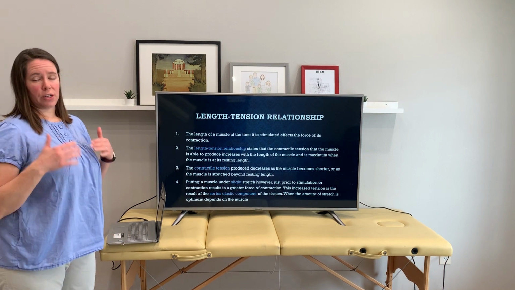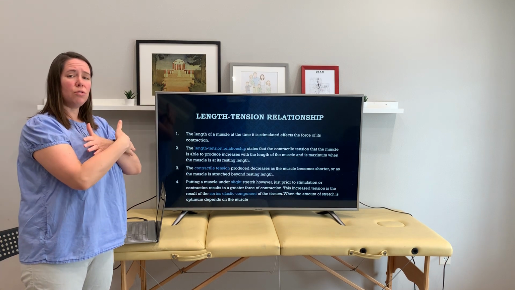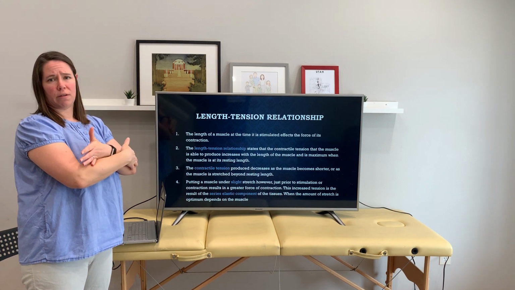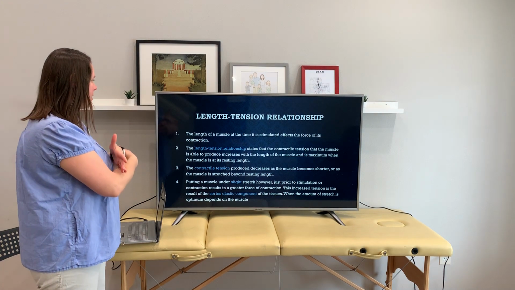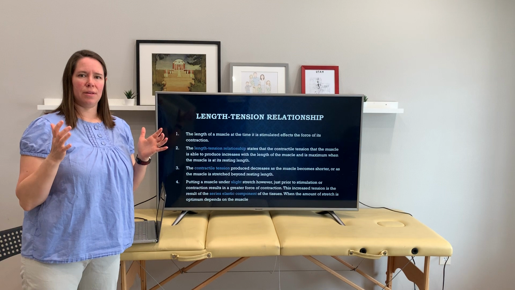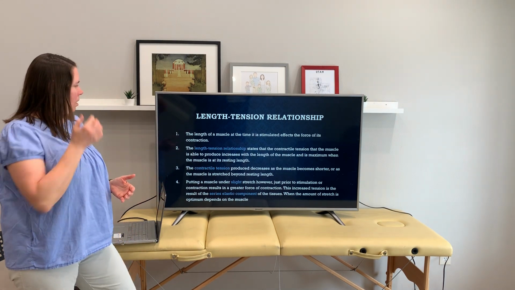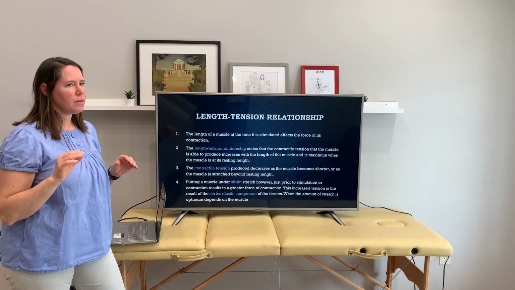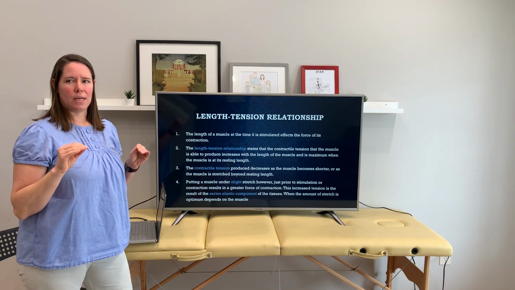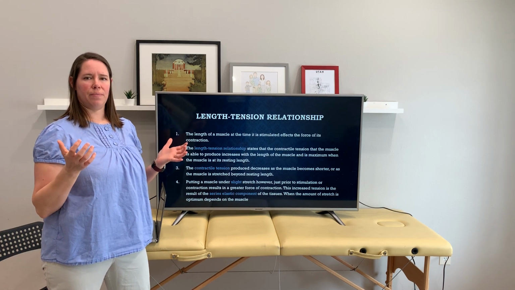Okay, the length tension relationship. So we've talked about how with active insufficiency, the muscle is too short that it can't generate a lot of tension, right? So there is this optimal window of muscle length to be able to develop the most tension. The optimal length is about 1.2 times the muscle's resting length.